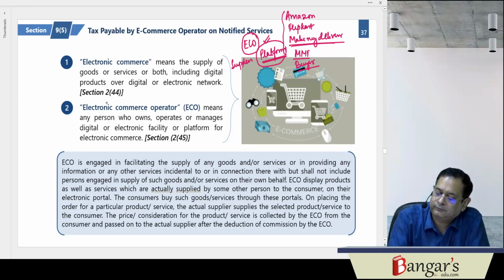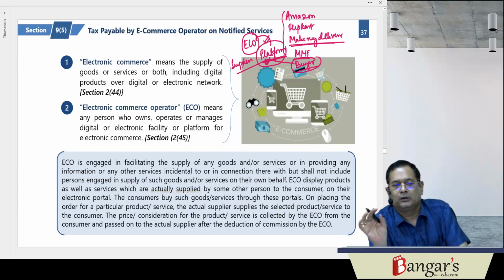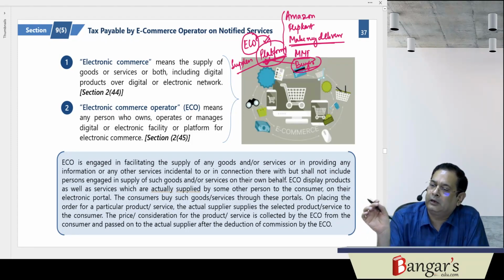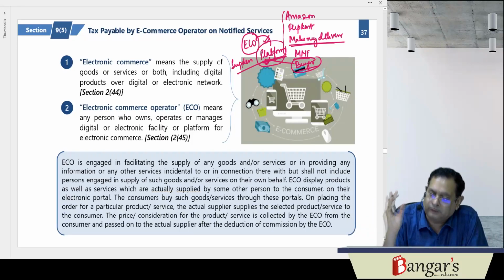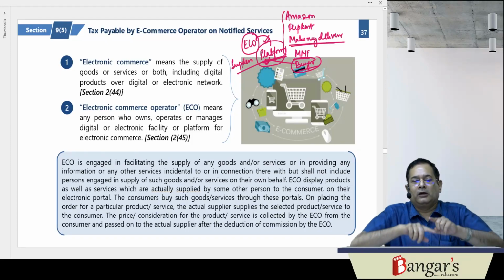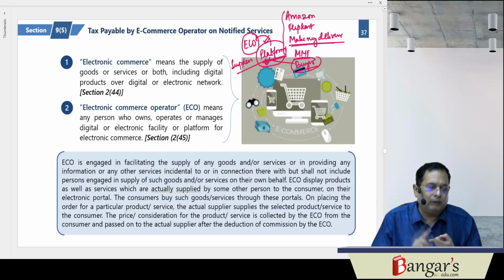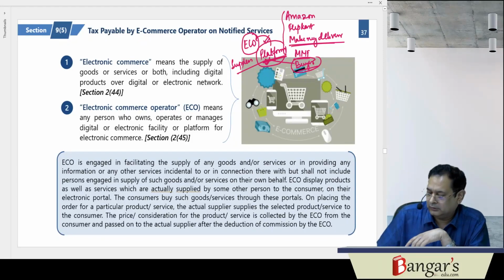And here suppliers sell the goods to the various buyers by availing the facility of the platform, which is owned by the e-commerce operator. Now here, in normal circumstances, the e-commerce operator is required to collect the tax at source. But in respect of the services which have been notified under section 9.5, the e-commerce operator is regarded as a supplier of service, and he will be liable to pay GST on the same.